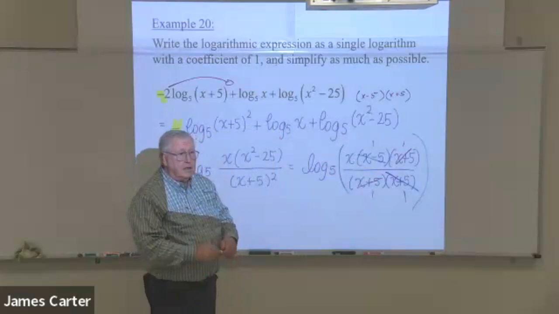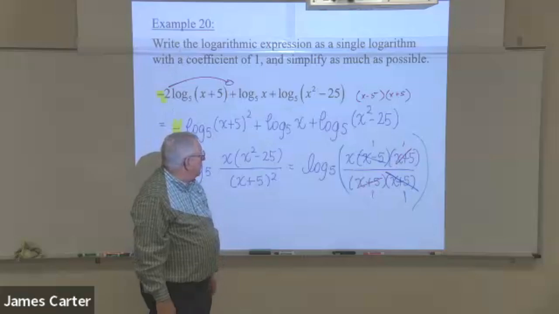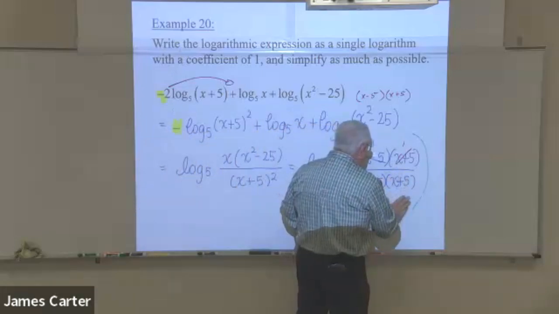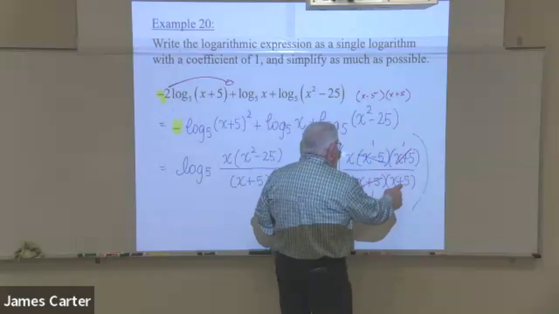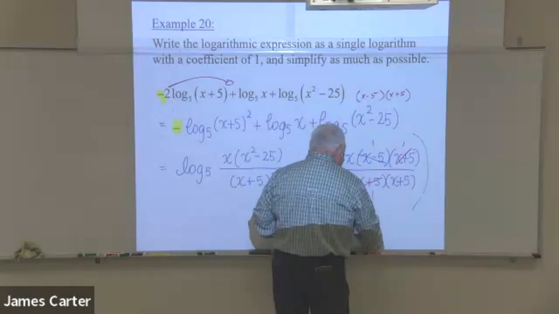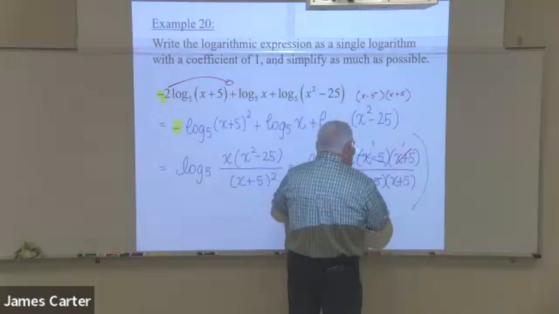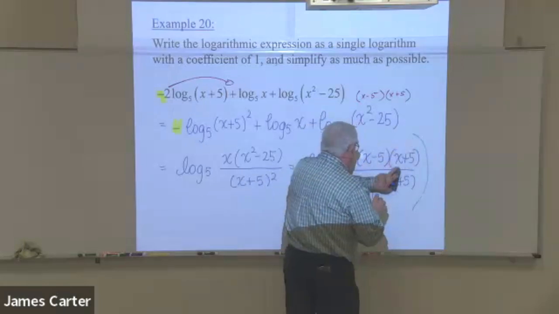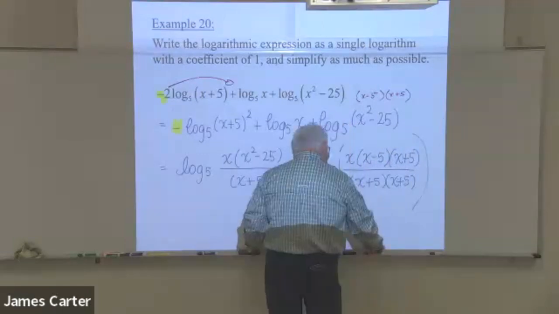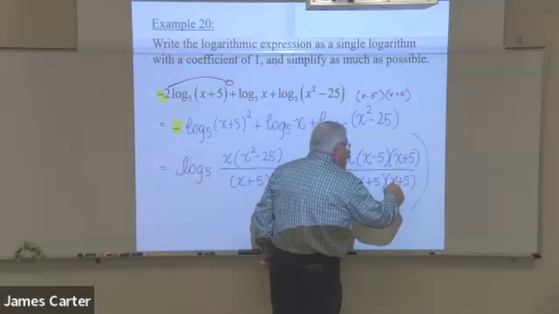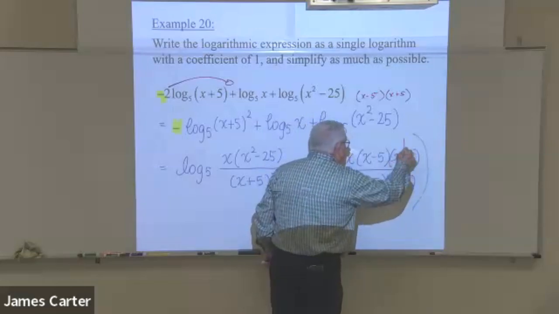Yes. How did the x plus 5 and the x minus 5 cancel? Because I drew it wrong. These are x plus 5, x plus 5. Okay, I didn't look at it carefully enough. Let me do this over again. Thank you. This x plus 5, either one of these will cancel with that.